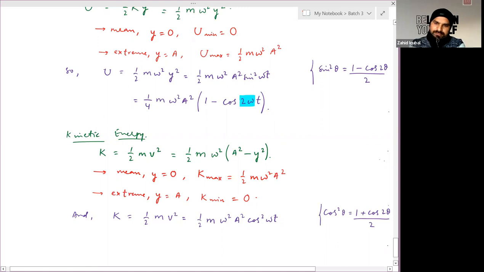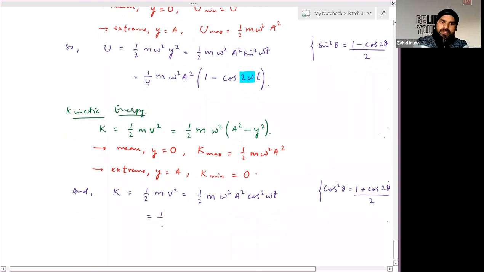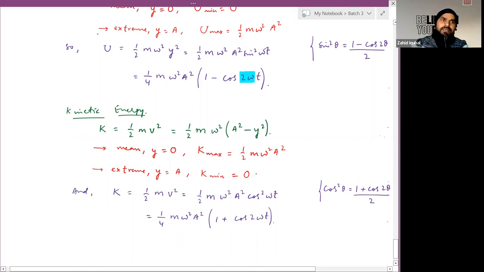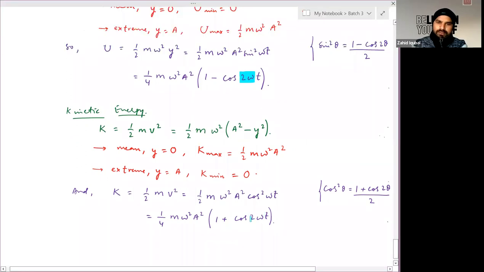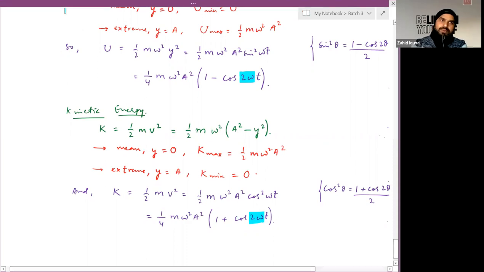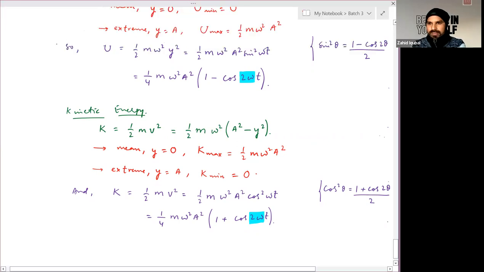Using this relation, it will become 1 by 4 m omega squared a squared [1 plus cos 2 omega t]. From this, we can say kinetic energy will oscillate with twice the angular velocity compared to the displacement, or it will have twice the frequency and half the time period of the normal equation.